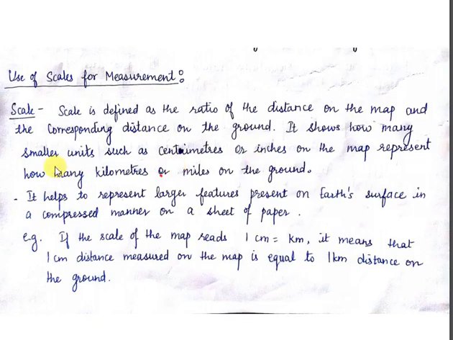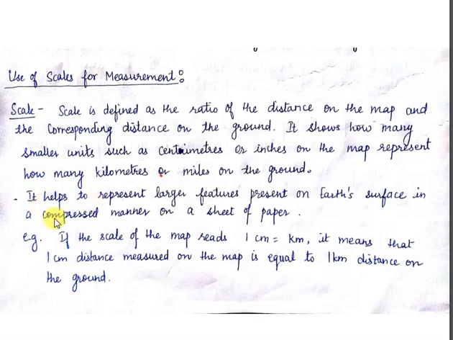So we convert the larger scale of a particular landform present on the earth's surface to a smaller scale so that it could be represented on a sheet of paper. This is the significance of the scale.